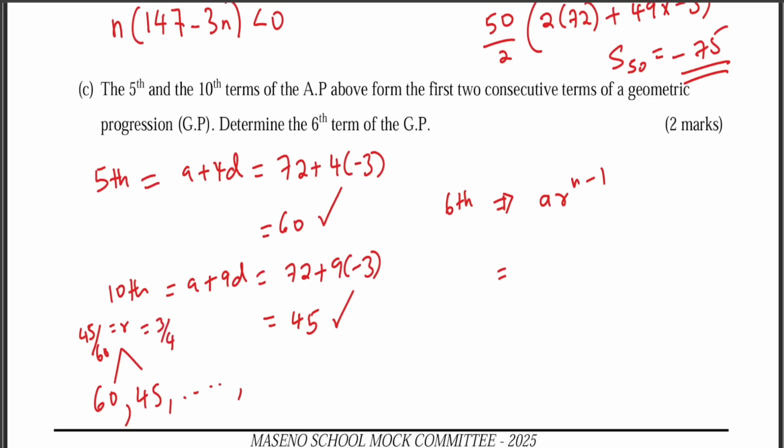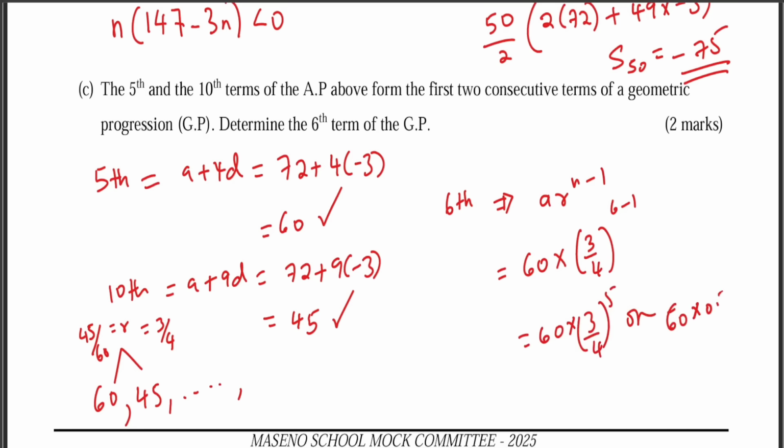Your a is 60. So your sixth term is basically your first term times your common ratio, 3/4 to the power, because you're searching for the sixth term, it should be 6 minus 1. So 60 times 3/4 to the power 5. You can also write it as 60 times 0.75 to the power 5, since 3/4 is the same as 0.75.